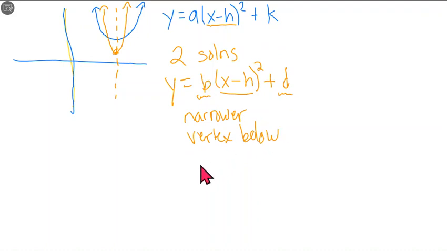Okay, how do you make something narrower? You make B more than A. That's how you make it narrower. How do you make the vertex go down? You make D less than K. Yeah, it could be negative, right? Because in this particular example, A is positive, and K is positive.